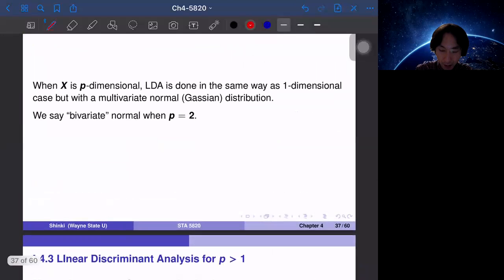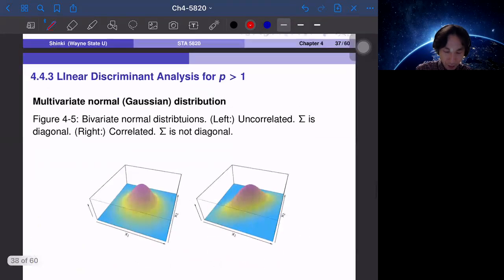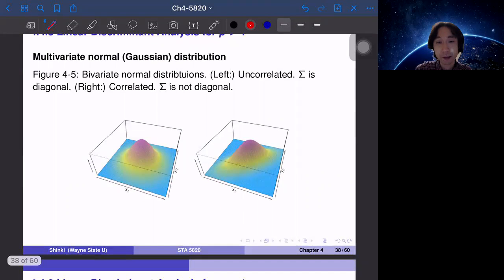Our assumption is that each f sub k of x follows the multivariate normal distribution. The multivariate normal distribution has this shape, the standard shape.